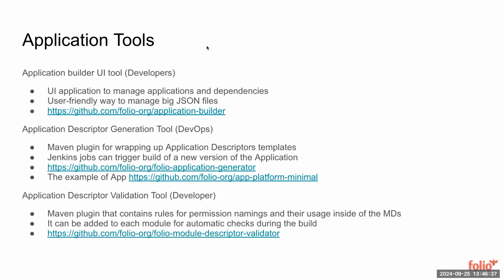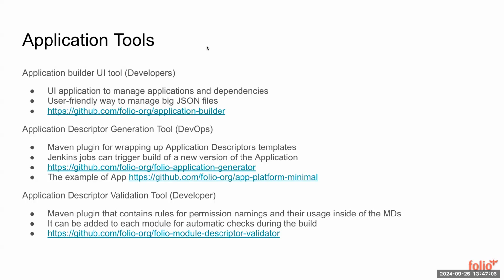It's pretty nice and easy to use on UI without all these big JSONs with all the data. You can just pick, okay, I need more users in my application, and it will highlight what interfaces are required by this application and what interfaces it provides. So pretty nice and easy to use.